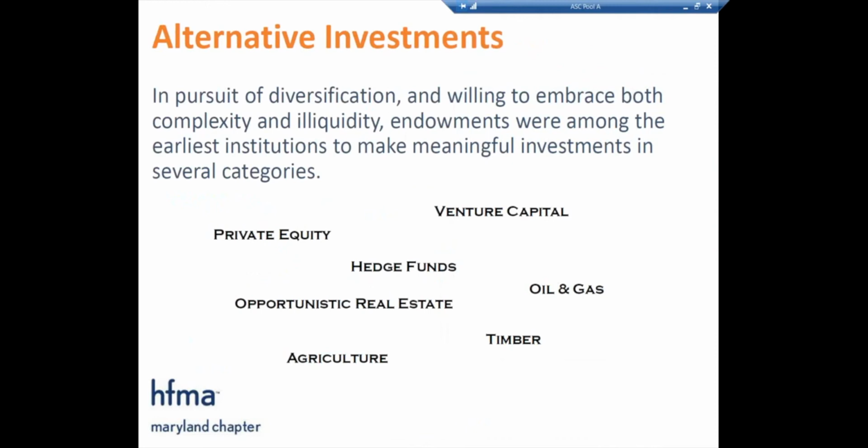So they really pioneered institutional investment in venture capital, private equity, significant allocations to hedge funds, opportunistic real estate partnerships, oil and gas investing, timber, agriculture, these areas which really go beyond traditional stocks and bonds. Endowments were the first and quite successfully able to allocate into these, starting in the late 80s and into the 90s in a meaningful way.